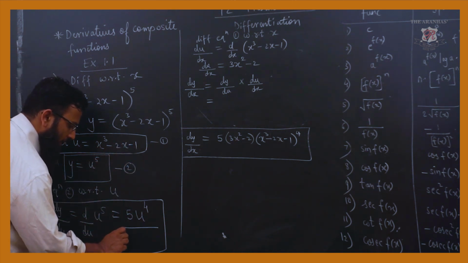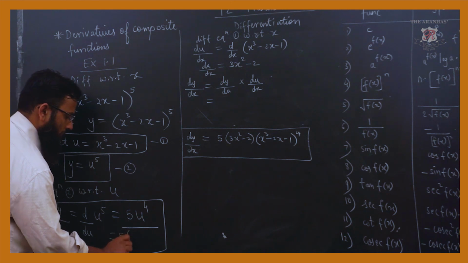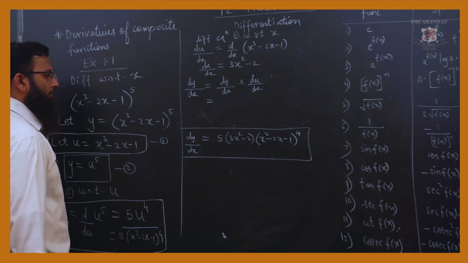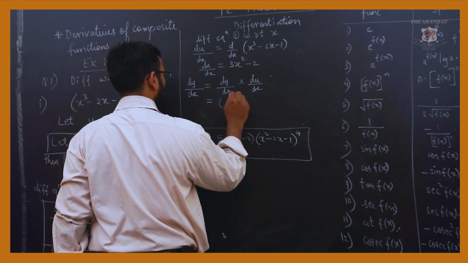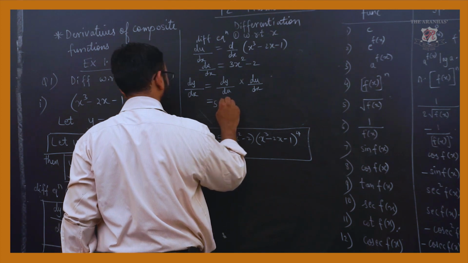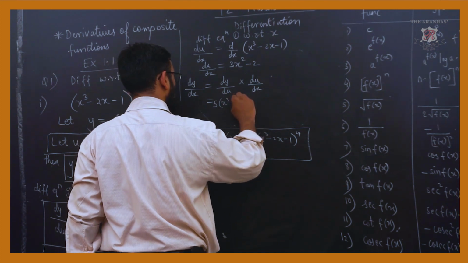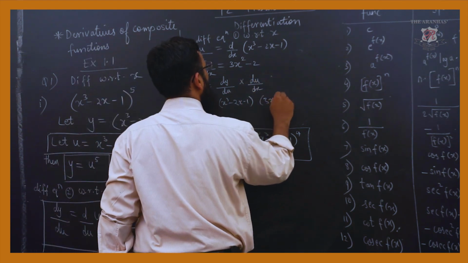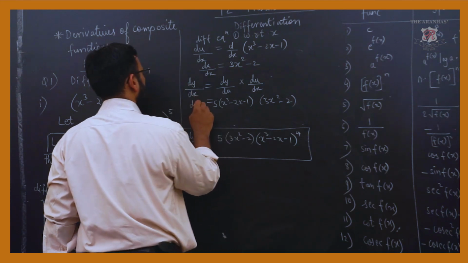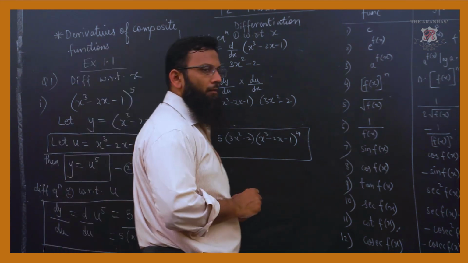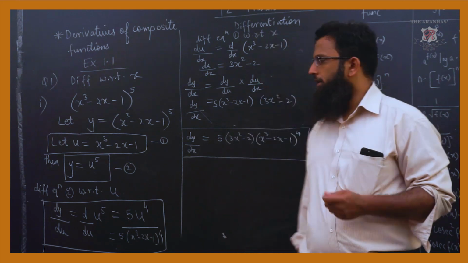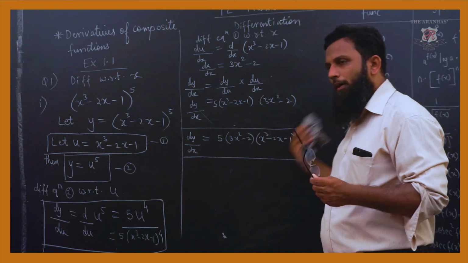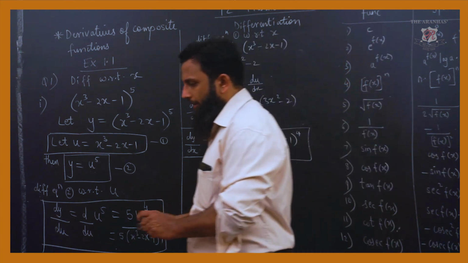So I can write it as 5 into (x cube minus 2x minus 1) raised to 4, and my du by dx is 3x square minus 2. This is finally dy by dx. So if you see, by both methods my final answers come out to be one and the same. So if you do it by both the methods in exam, you will get marks for it.